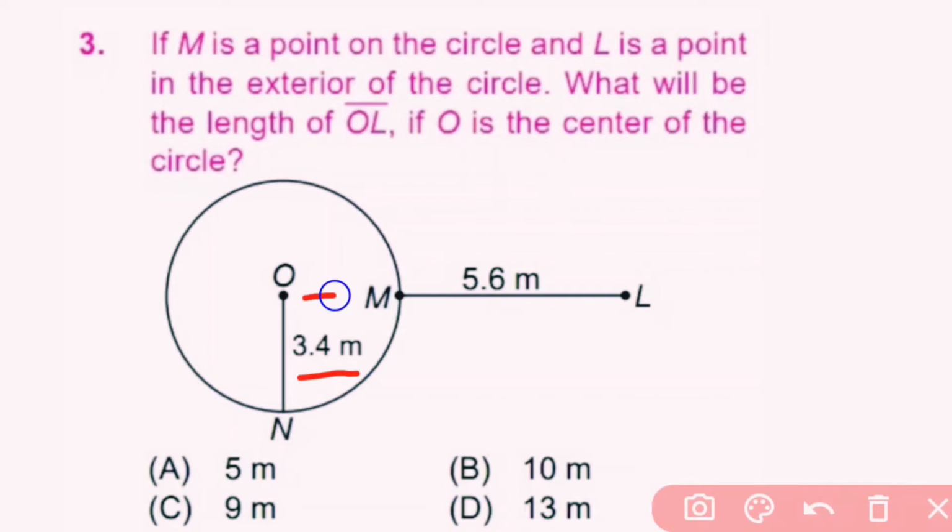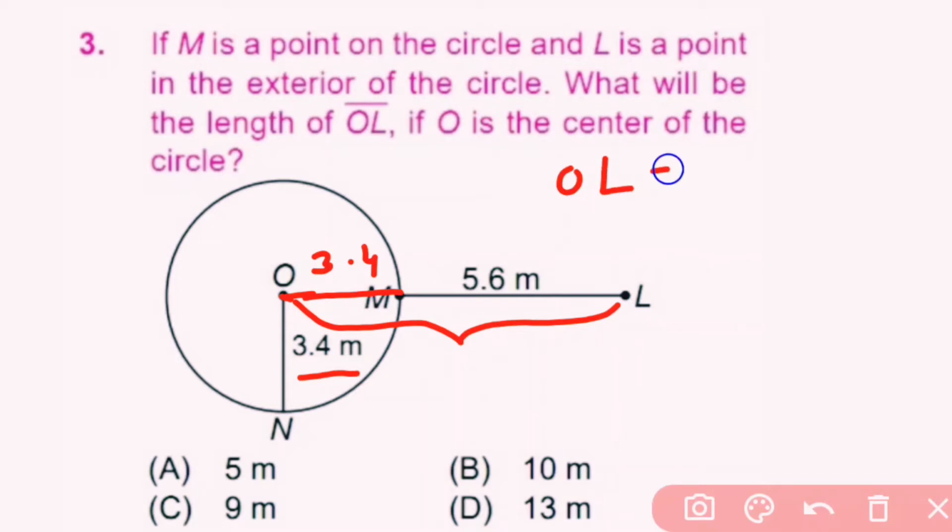So OM will be 3.4 because ON is radius and OM is also radius, and we have to find out here the OL. So OL is equal to 3.4 plus 5.6 is equal to 9 meters. So here C is correct answer.